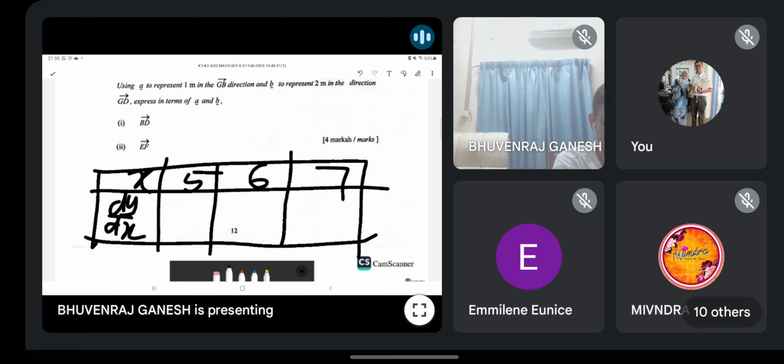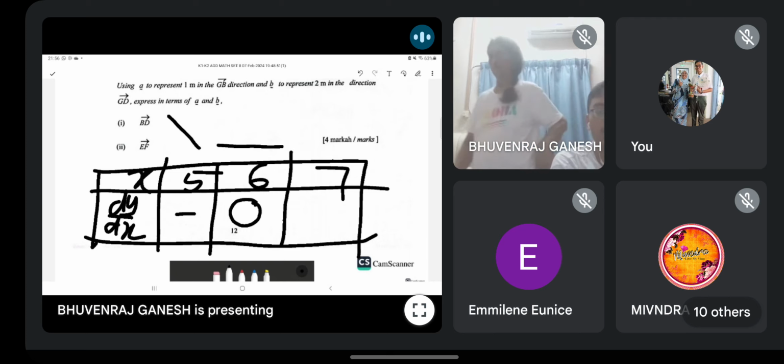If x is 5, dy/dx I get negative, which means my gradient is negative. If I test x is 6, in the equation just now, I will get dy/dx is zero, meaning my gradient is flat. If I test x is 7, I will get negative. You must have at least 3 points to get the shape. 3 titik kena ada. So gradient negative.